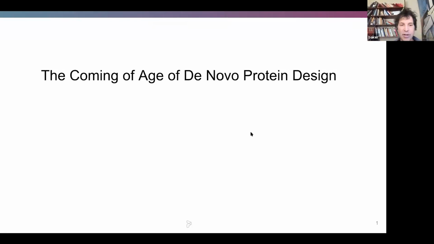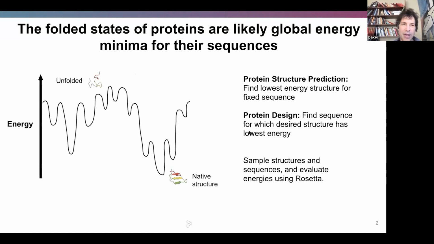So I'm going to talk about de novo protein design. I'll give an intro, and then maybe I'll give you a menu of what to choose from. The way that we've been thinking about protein design for many years, actually up until very recently, is based on the principle that the folded states of proteins are likely global energy minima for their sequences.